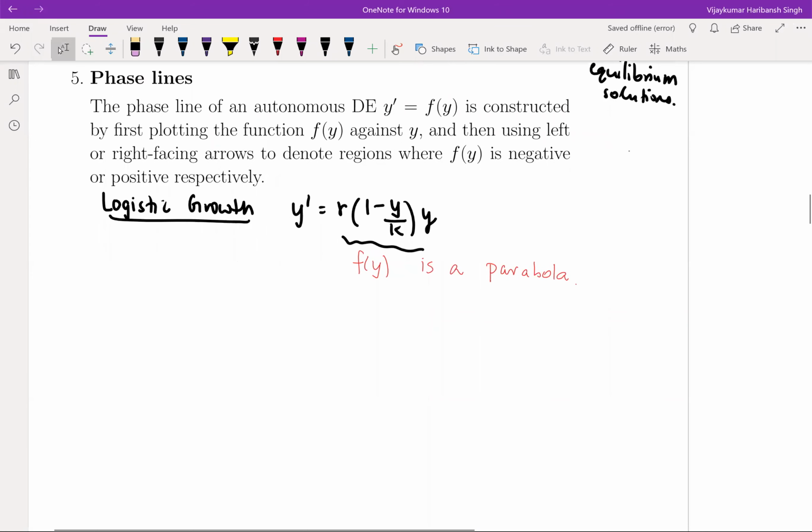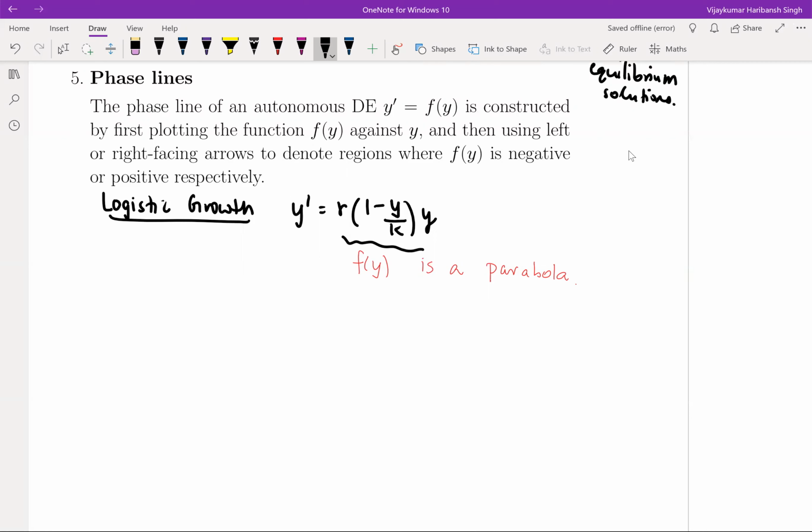Now you want to draw this parabola. How would you draw it? Well, one way is to find the vertex of the parabola and then draw it. The other way is to look at the maximum point of this and then draw it. Because the sign of y square is negative, it will be an upside down parabola.